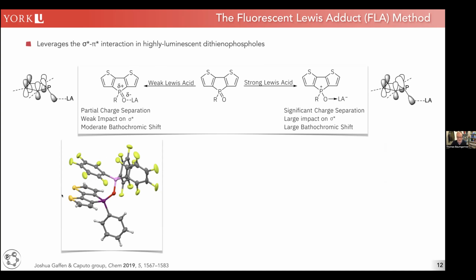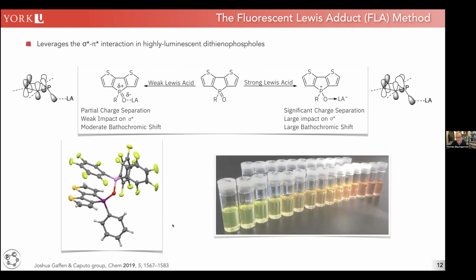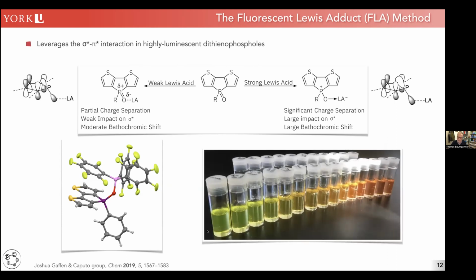And here's just a crystal structure analysis of BCF coordinated to that to really show you that the Lewis acid indeed bonds to the oxygen here. The important thing is that we can actually measure this, or see the binding of the Lewis acid to the oxygen, which is shown here. This is a titration of an increasing amount of BCF added to our dithienophosphole. Ultimately you can see a nice shift that goes from green over yellow to orange to red.